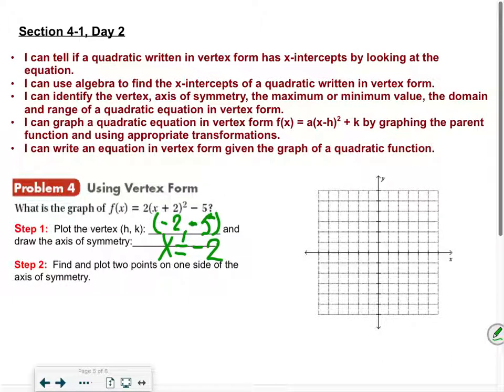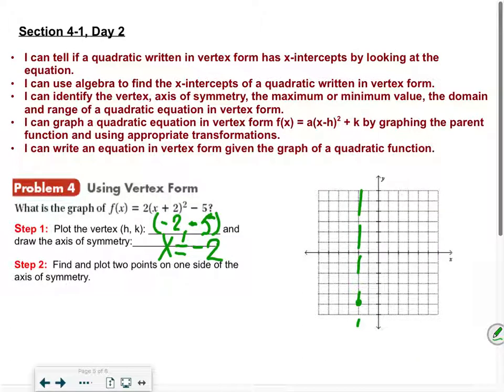So we plot the point -2, -5. Our axis of symmetry always goes through our vertex.